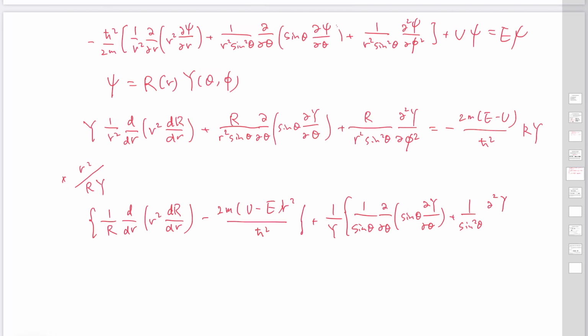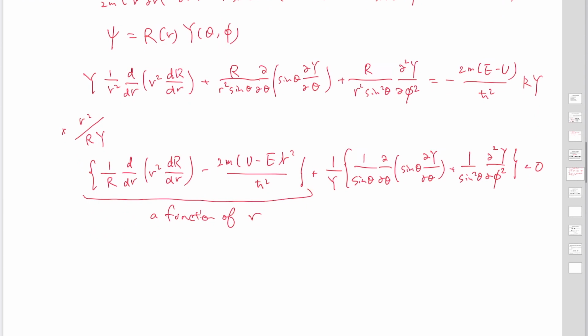The second derivative of y with respect to phi is going to be 0. And the first term is a function of r alone, and the second term is a function of theta and phi.